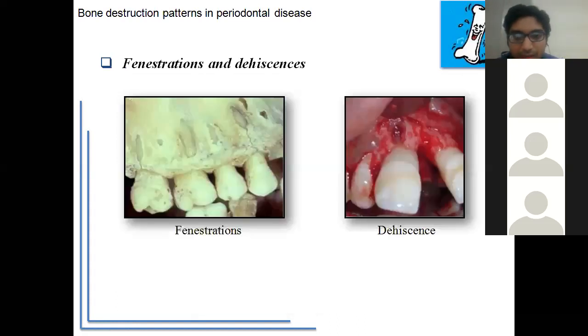These are fenestration and dehiscence. What is fenestration? Can anyone tell?